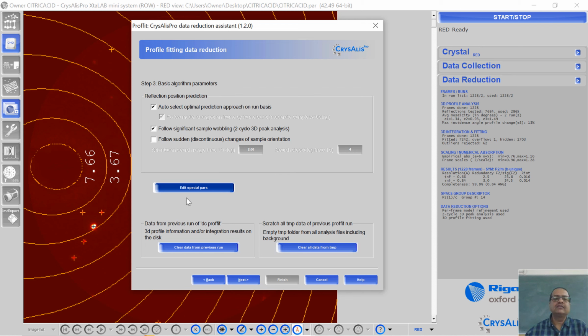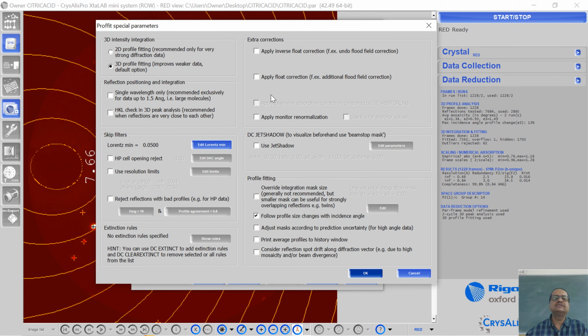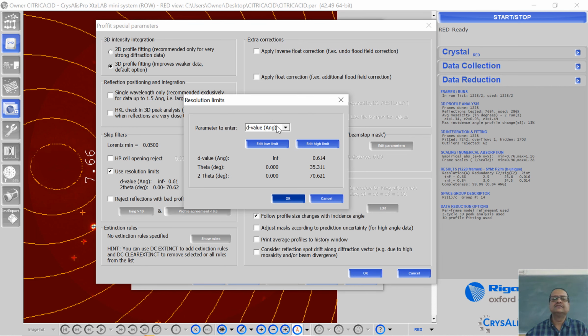Here you have one icon called Edit Special Parameters. You go into that, and since it is just routine data, we can restrict the resolution limits up to what we want the data reduction software to look at in our data. Go to the limits.